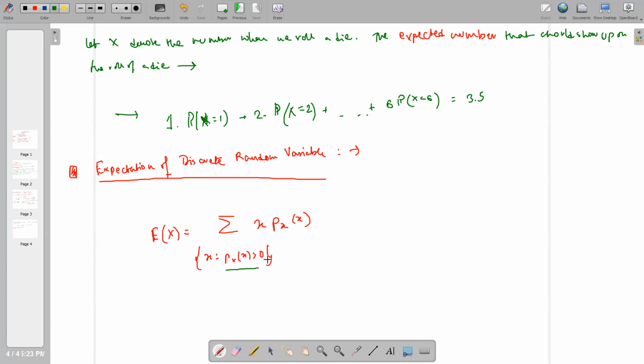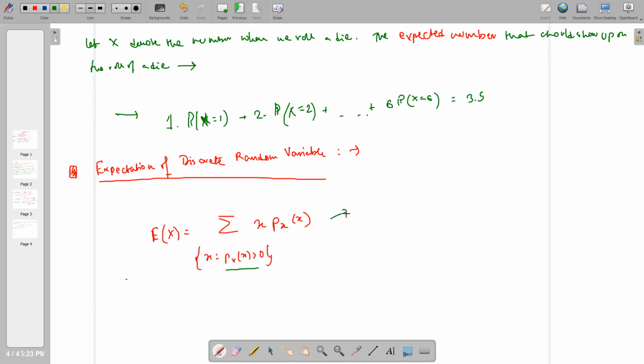And what you are saying is actually correct. Both of them are correct, but you don't need to worry about the sets of zero measure. So expectation of a discrete random variable is defined like this.